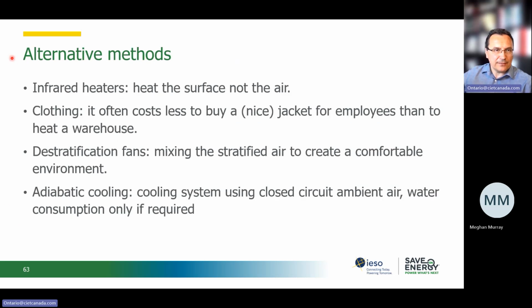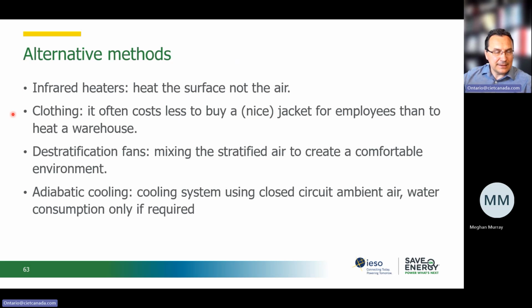We use alternative methods as well to improve the efficiency of our buildings, like for example, infrared heaters. Instead of heating the entire volume of the air in the space, we direct this heat to the surfaces. This is efficient in cases where the activity level requires, for example, frequent openings of overhead doors, like garages.